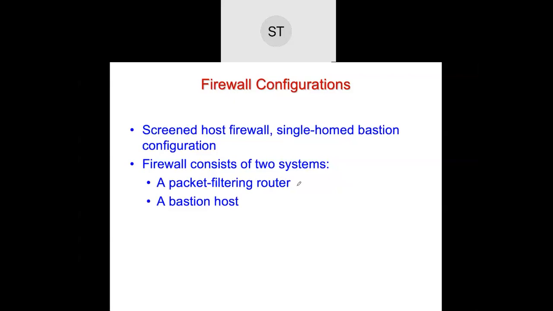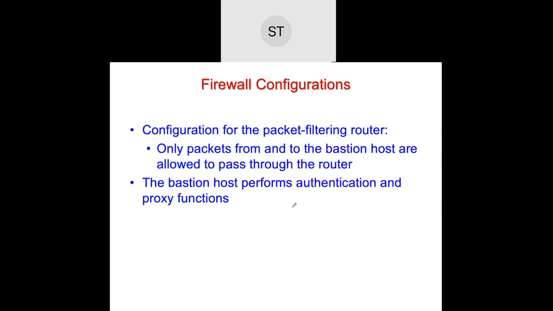So there is one packet filter router, there is one Bastion host. Only packets addressed to the Bastion host are allowed to pass through the router. So this performs the authentication operation.